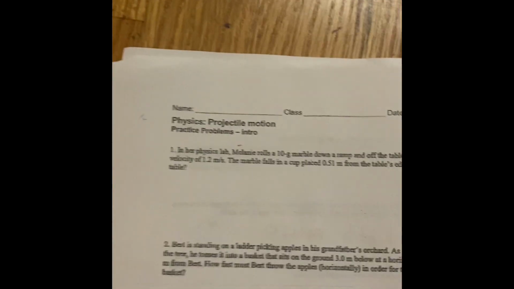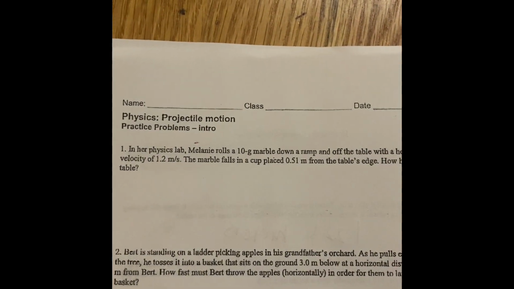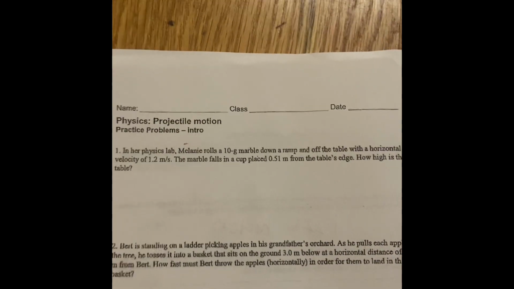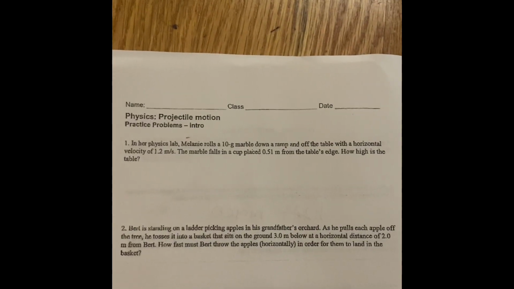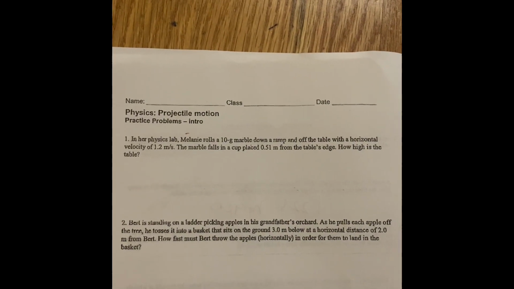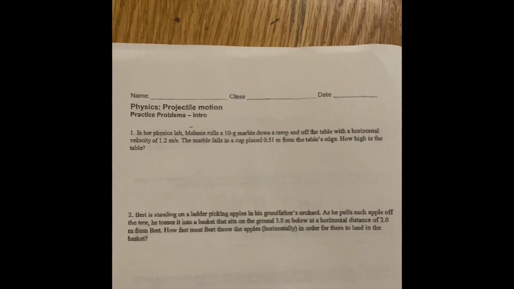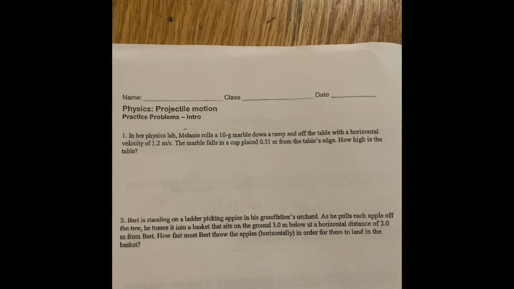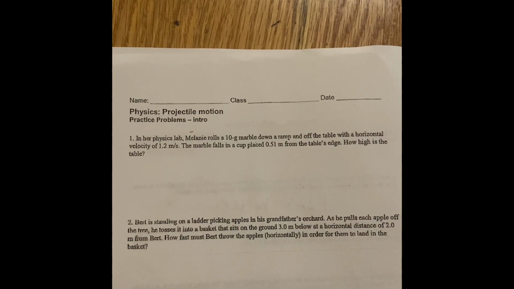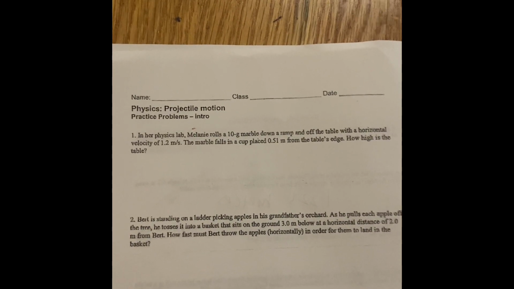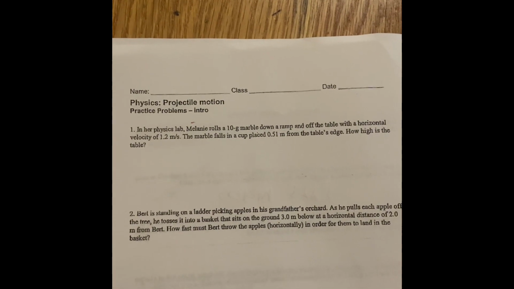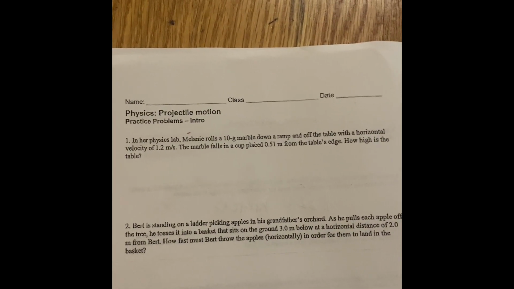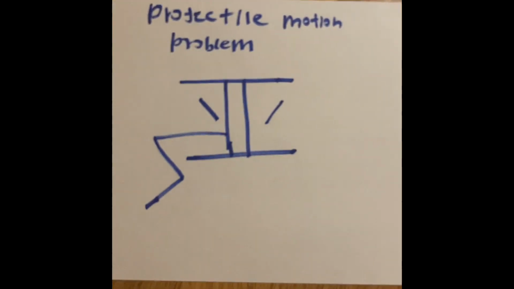In her physics lab, Malini rolls a 10-gram marble down a ramp off the table with a horizontal velocity of 1.2 meters per second. The marble falls in a cup placed 0.51 meters away from the table's edge. How high is the table? So here is what's happening.